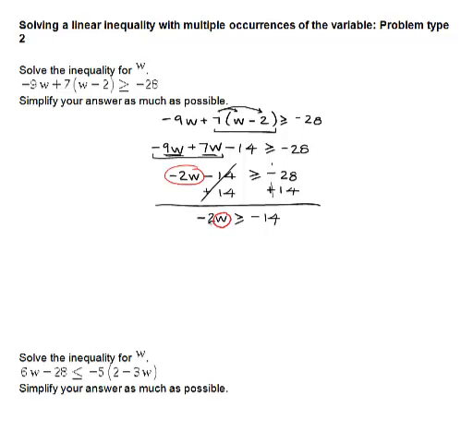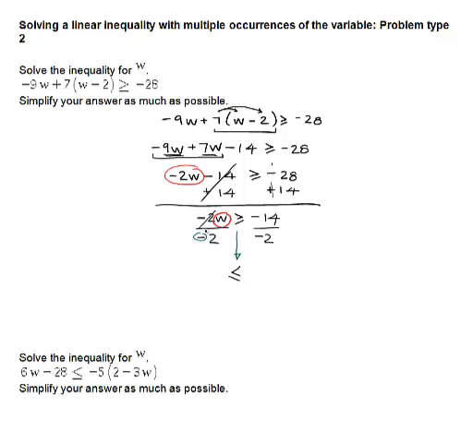Because it was just a negative 2w. So I'm going to divide both sides by negative 2. Now remember, because I'm dividing by a negative number, I have to switch my inequality sign. I have to flip it before I go ahead and do everything else.